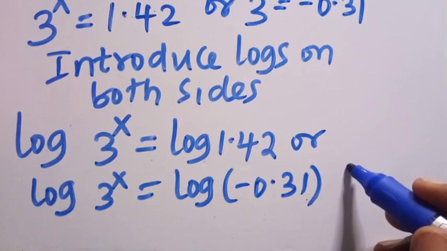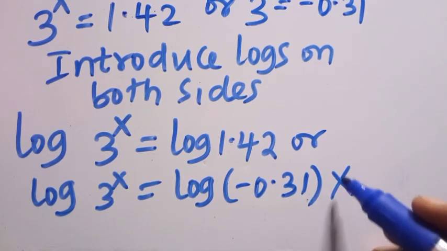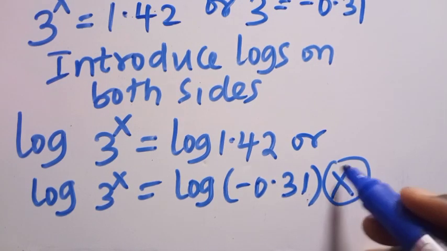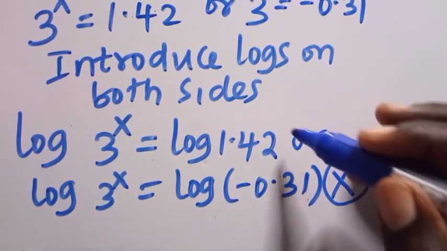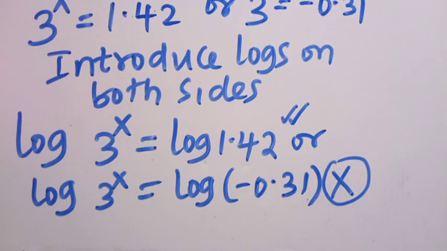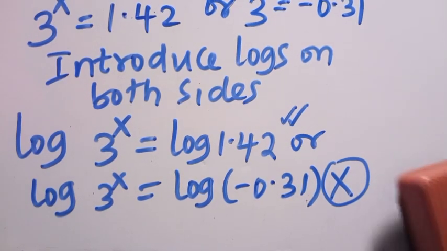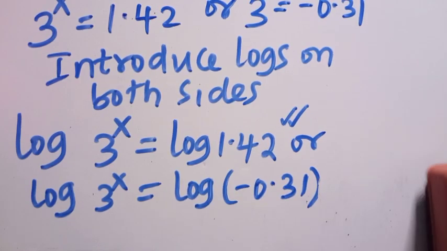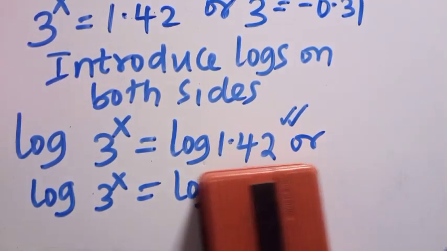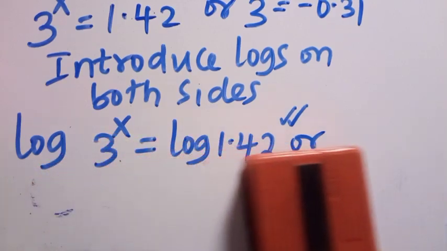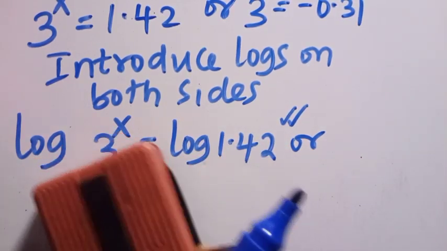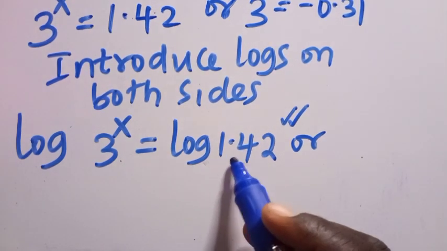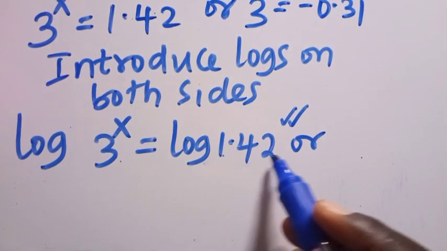That means this one is not required. We shall leave this one and we only consider this, because it is not possible to find the logarithm of a negative number, and therefore we only consider the logarithm of 3 raised to x equals the logarithm of 1.42.